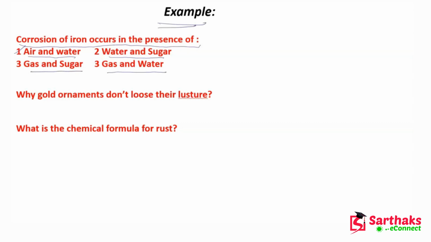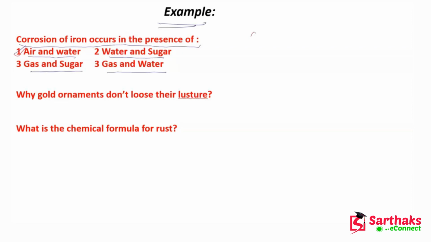So guys, when I taught you the corrosion of iron, I also told you that if iron is to be corroded, there are two main things needed for it to corrode. Those two necessary things are air and water.